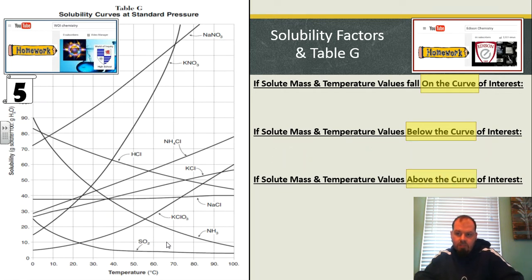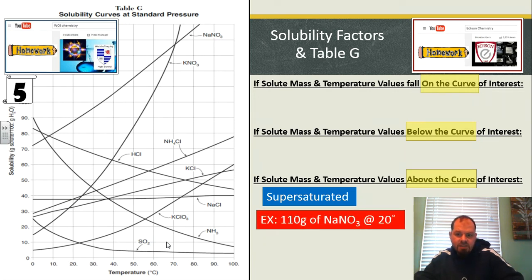Now I can talk about above the line. If the plot ends up above the line of interest, then what we call supersaturated, is how that works. So an example, 110 grams of NaNO3 at 20 degrees, and notice that dot is above NaNO3. I should only be able to hold at that temperature something like 87 or 88 grams, and I got in 110 somehow.